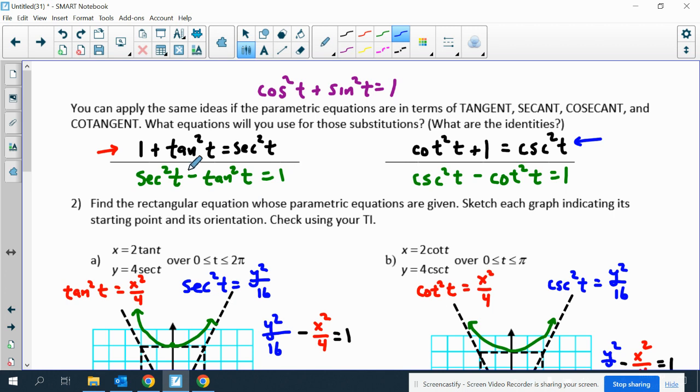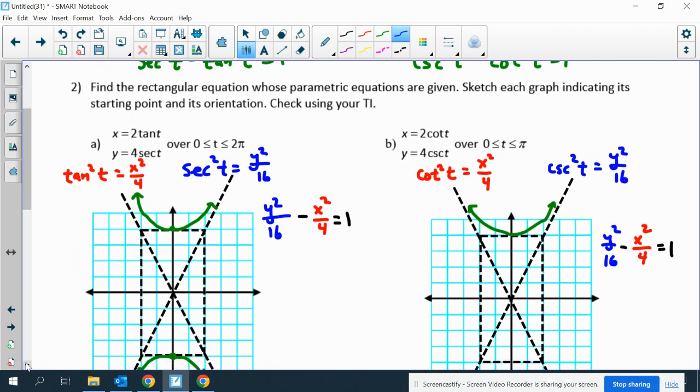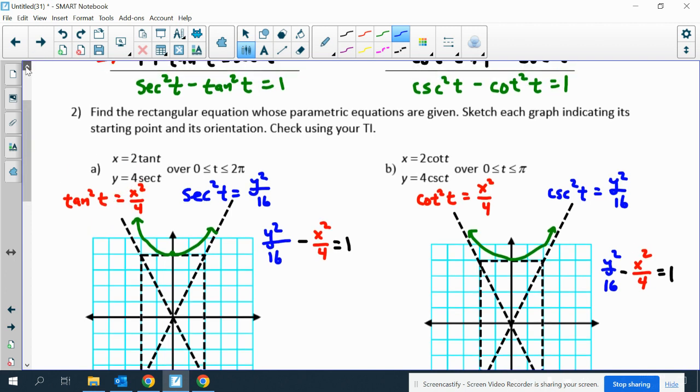And then I solve them in green to have them equal 1, because it's a little bit easier when they're equal to 1. So in these two problems, I would solve for secant squared and tangent squared, and for cotangent squared and cosecant squared, and then I would substitute them into the formulas.